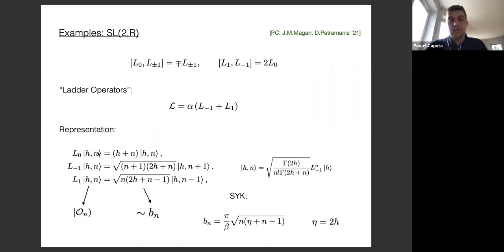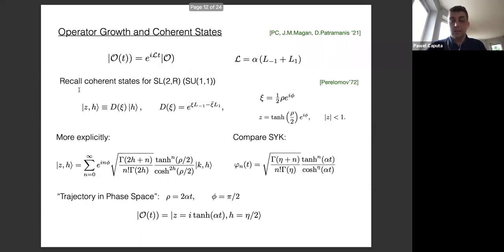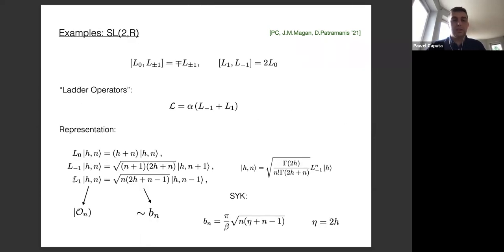And then if you remember from the definition of the Liouvillean, if you write it in terms of ladder operators, these Lanczos coefficients that were obtained by this complicated recursive algorithm should be the coefficients that appear in front of the state n-1 after you act with the Liouvillean, and that's precisely here. So if you look at the lowering operator on h,n, you can see alpha times this one. It gives us precisely the b_n's of the SYK model.